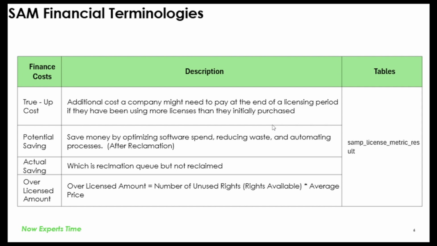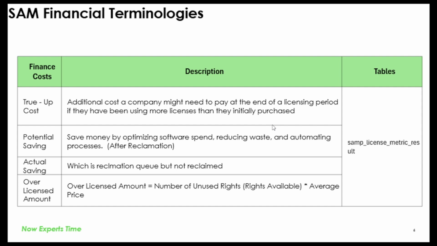There are four important costs or savings we need to understand in ServiceNow software asset management. This plays a vital role in your business instance as well. What are those four? If you see in this table, it clearly represents four items: one is true up cost, second is potential saving, third is actual saving, and fourth is over licensed amount.